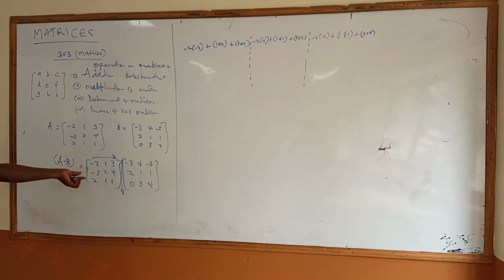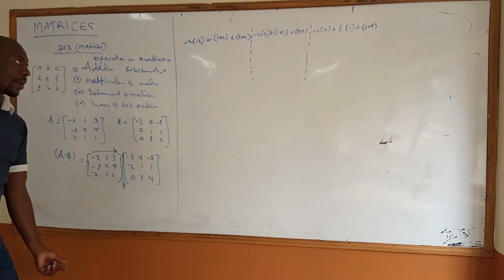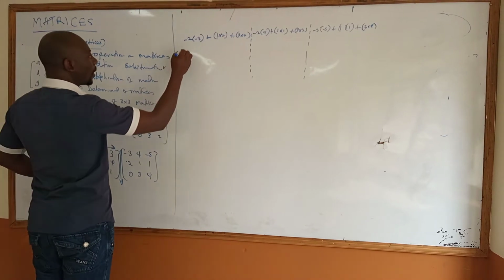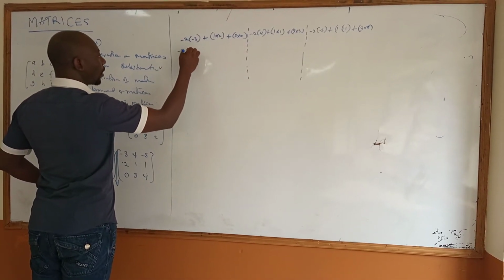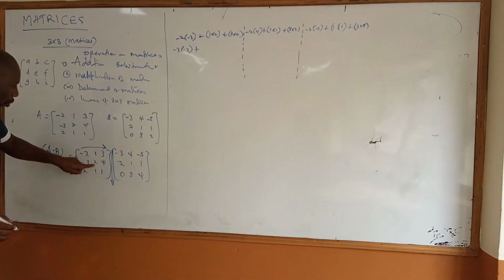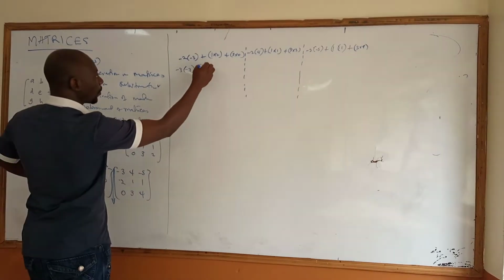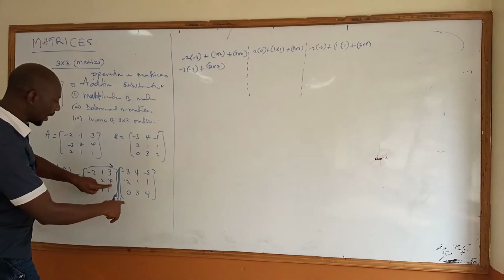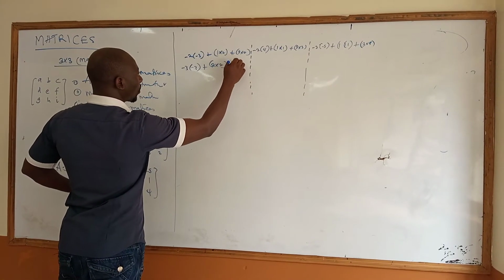Then you go to the second row, multiply by all the columns in the same synergy. That will be negative 3 by negative 3 into negative 3 plus 2 by 2 plus 4 by 0.